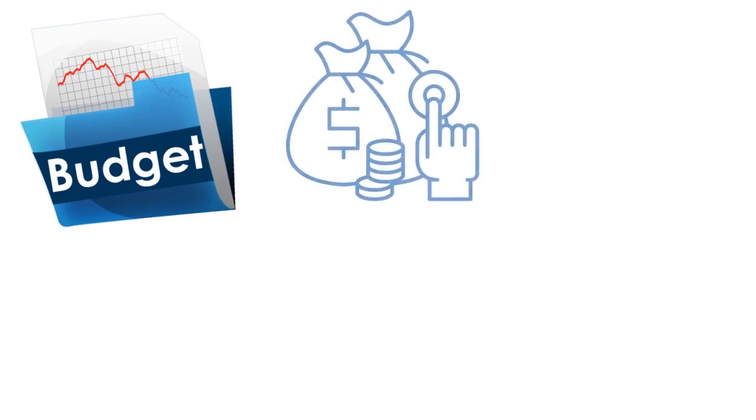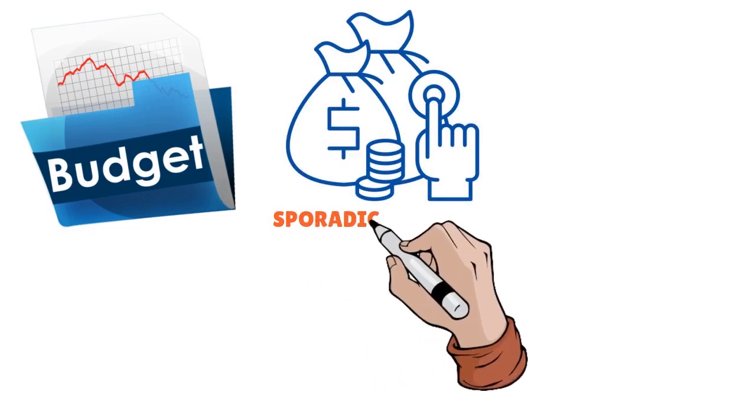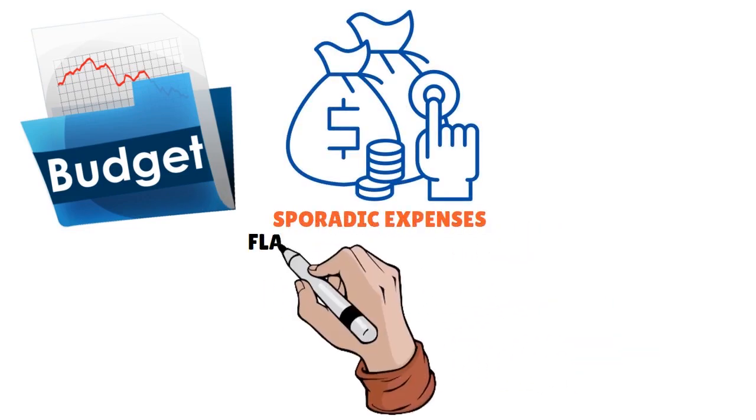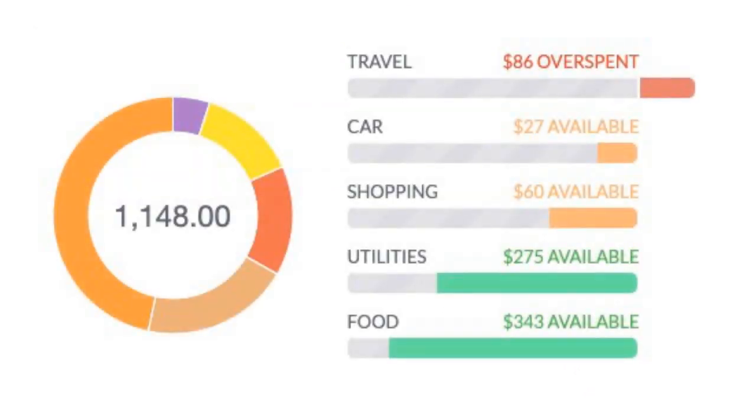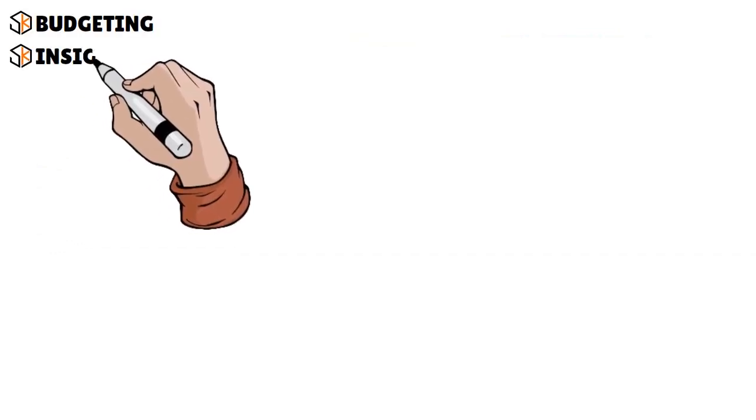Buxfer uses an envelope budgeting method, enabling you to set aside a fixed amount for sporadic expenses. You can also make flat monthly payments toward variable expenses and regular contributions toward major expenses. And the budgeting feature lets you set weekly, monthly, or annual spending limits and receive real-time alerts if you overspend in any category.